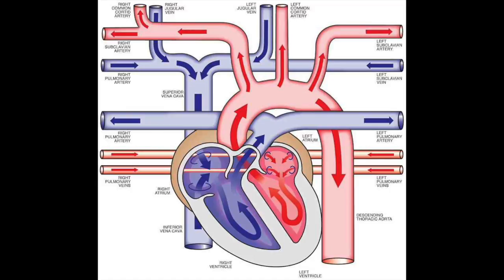So the tricuspid valve has 3 little flaps that allow blood to move through it, and the bicuspid or mitral has 2 flaps that allow the blood to move through it. Okay. Fun fact is that the sound that the valves make when closing is the sound that you hear, known as your heartbeat.